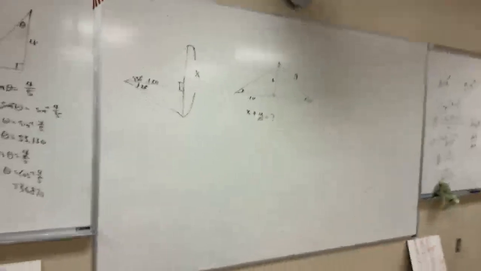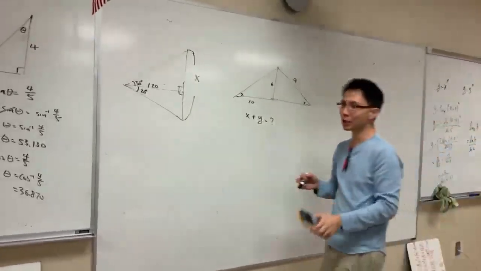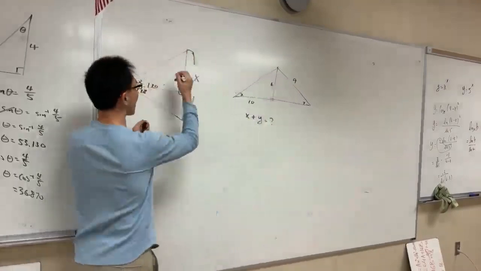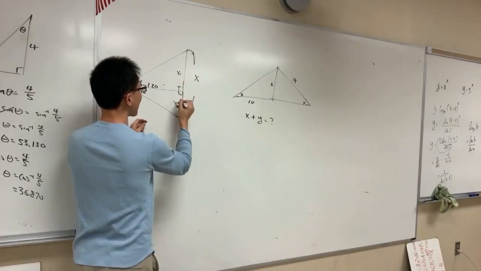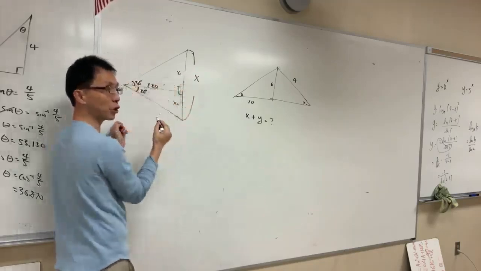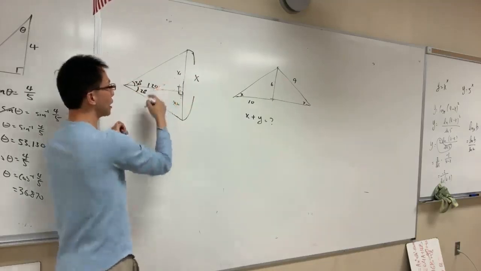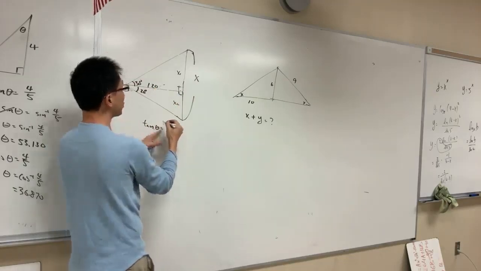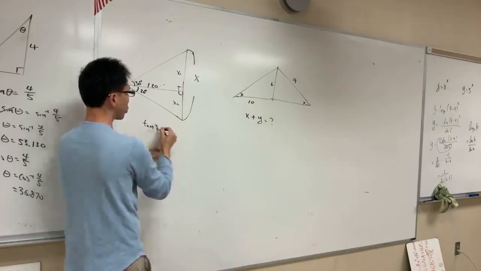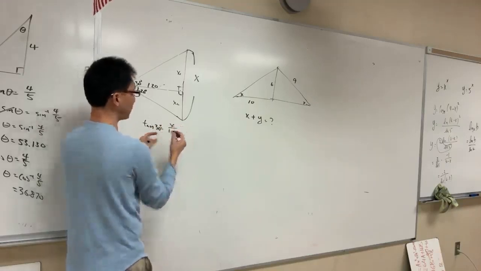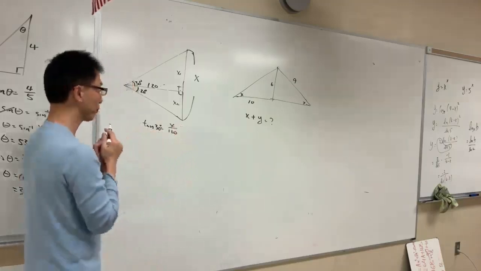Okay, so I'm gonna do this one. Everybody pay attention here. We call this side x1 and this side x2. Now I have 120 in x1, so I'm gonna use tangent because that's opposite and adjacent. So tangent of 30 is equal to x1 over 120. Does that make sense?